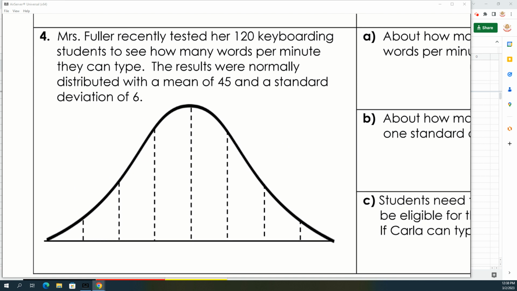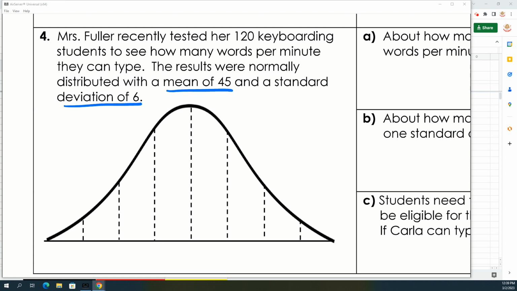So it's a brand new situation, same curve, but we're going to put different numbers underneath. So Ms. Fuller recently tested her 120 keyboarding students to see how many words per minute they can type. The results were normally distributed with a mean of 45 and a standard deviation of 6. So what number is going to go in the middle? 45.